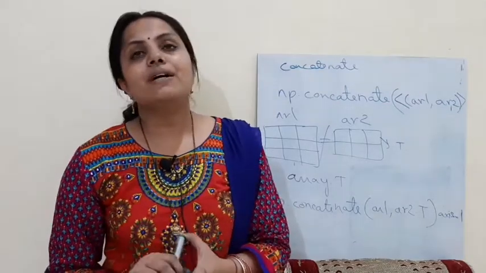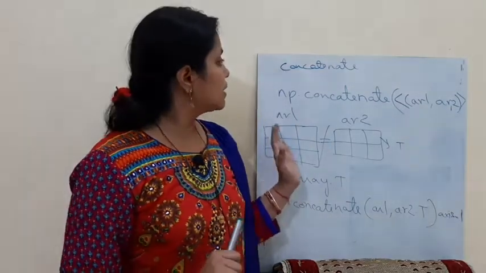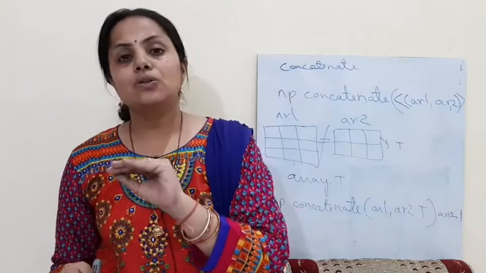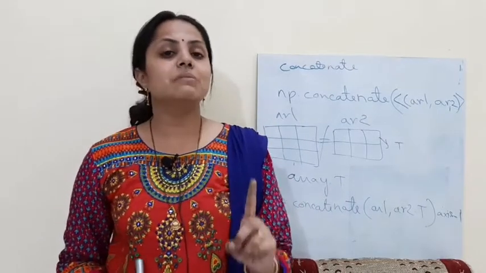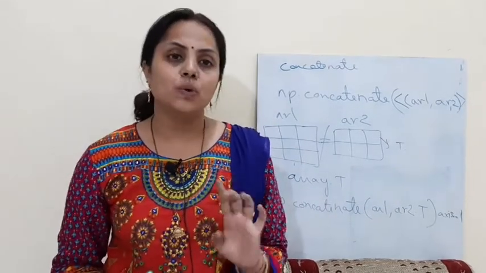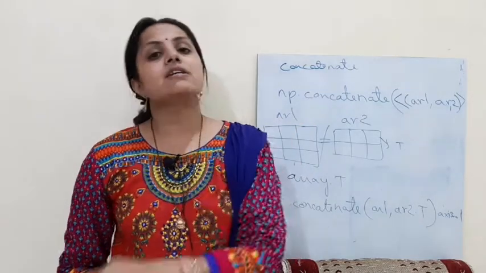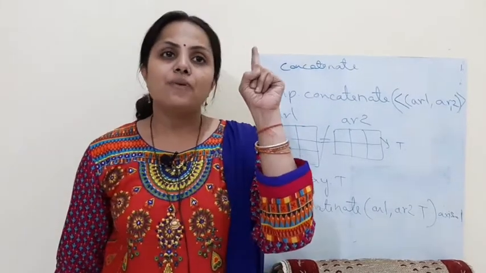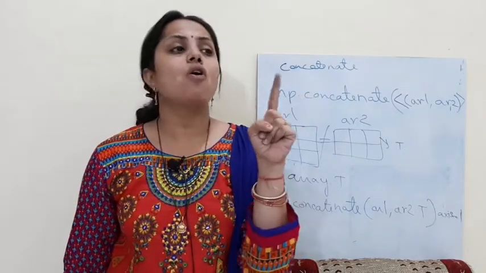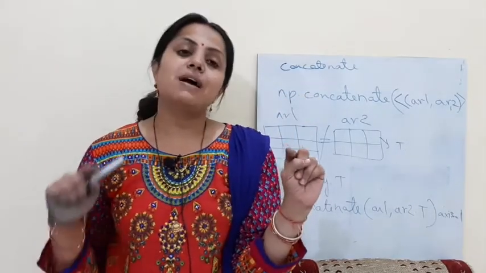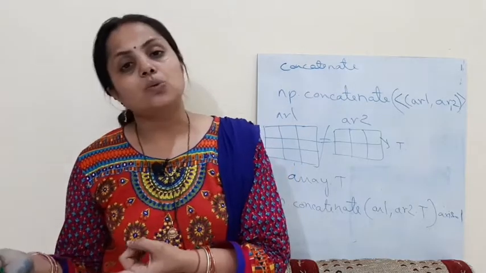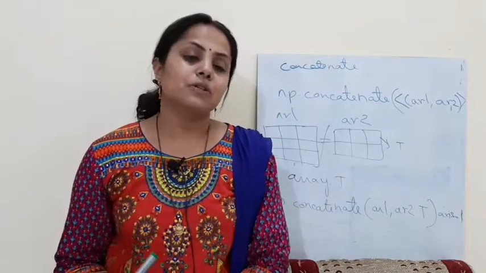For example, if I say AR1 divided by 2, all the elements of AR1 will be divided by 2 individually. But if I say AR1 divided by AR2, element 1 1 of AR1 will be divided by element 1 1 of AR2, and so on it will proceed.